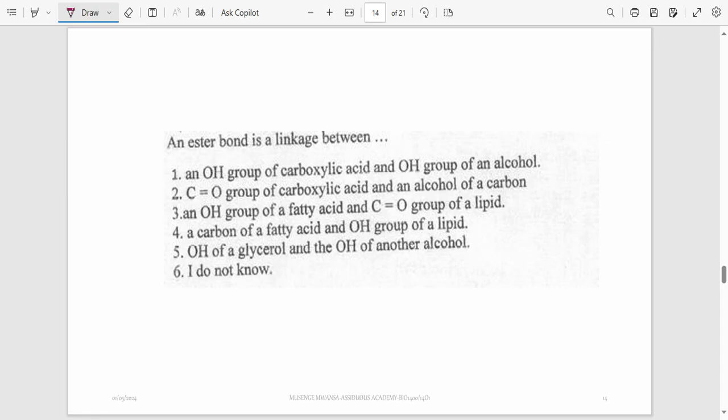Which one would you pick? Okay, one, one. Anyone else? Another option?